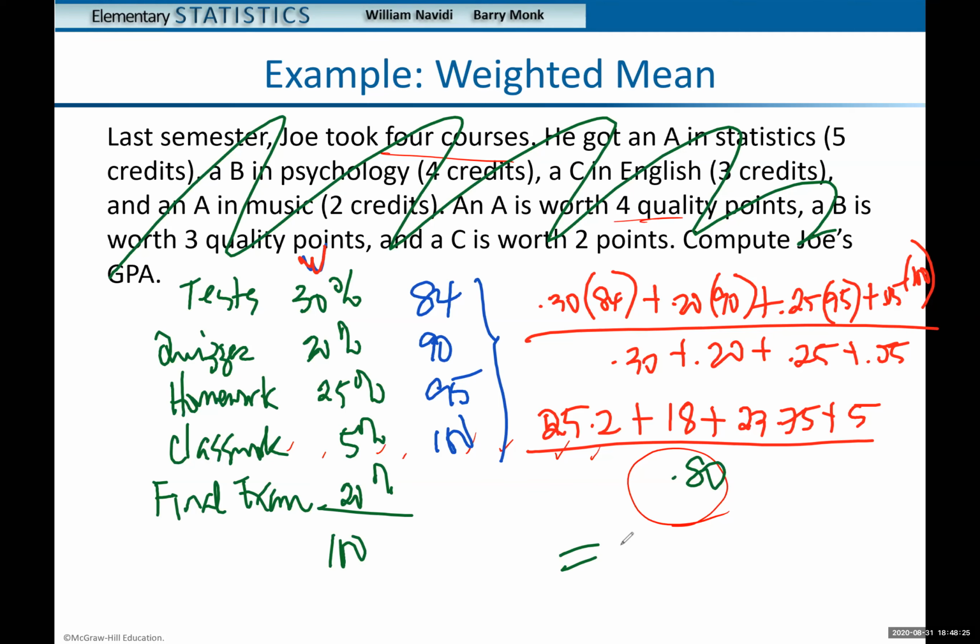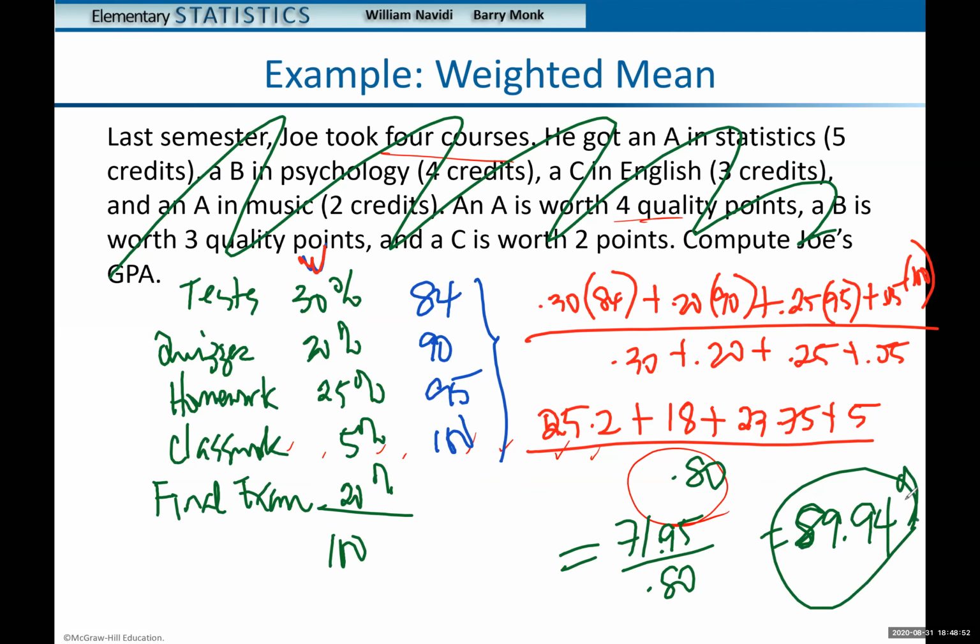So add all that, 25.2 plus 18 plus 23.75 plus 5 is 71.95, divided by 0.8 is 89.94. So this is after test one and quiz one. This is your grade so far.